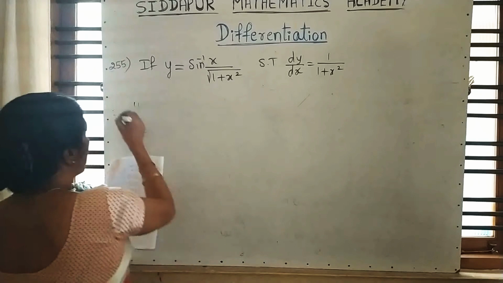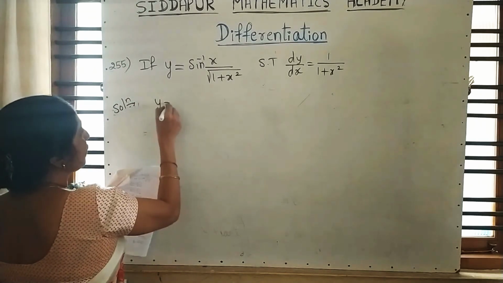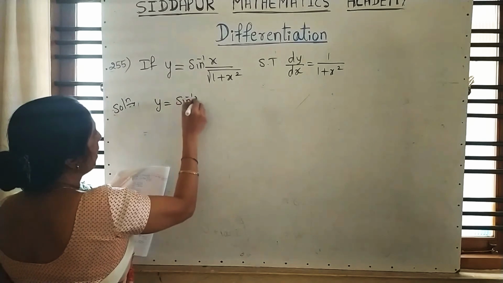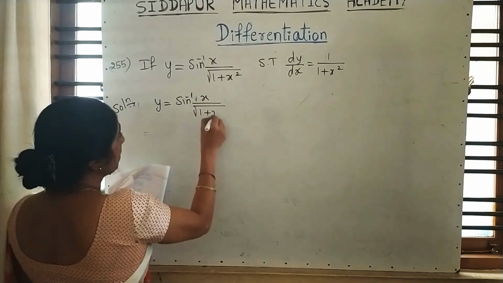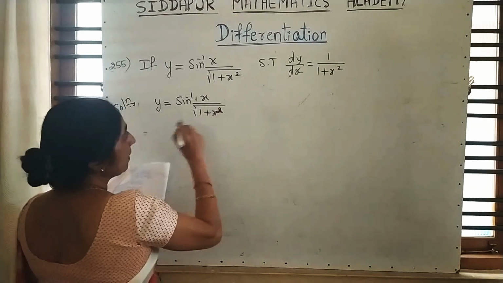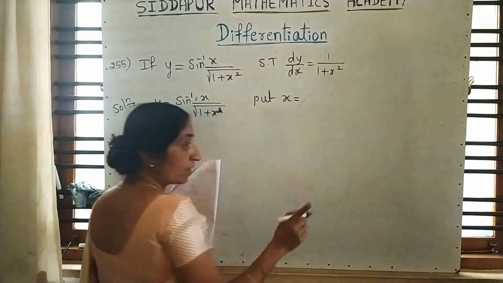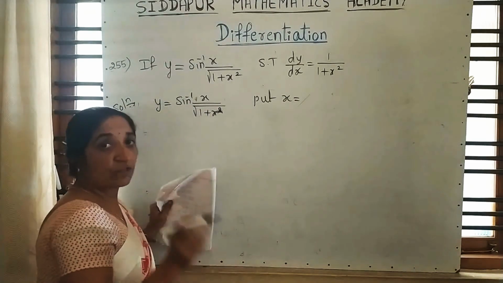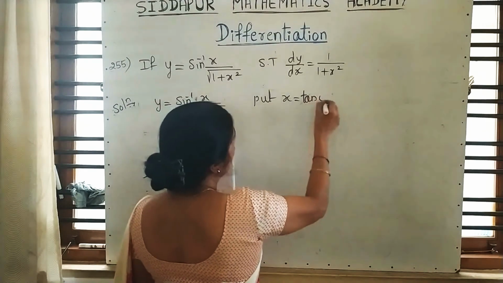That is one hint. Another hint is, please note down that in the problem, if you have only one root and that root contains 1 plus x square, then the substitution will be tan theta. If the problem contains one root, and in that root you have only 1 plus x square, put x is equal to tan theta.